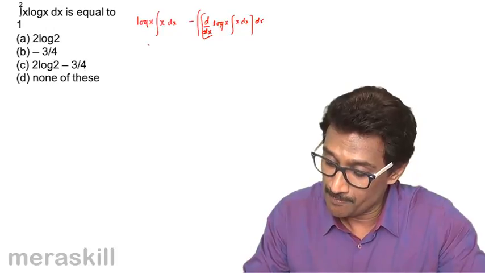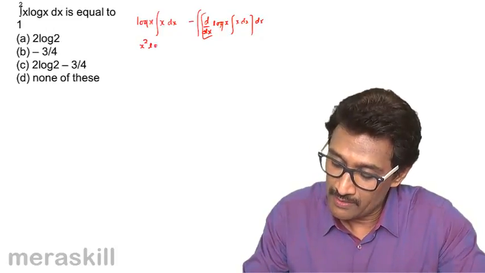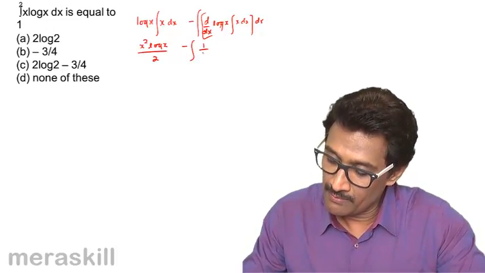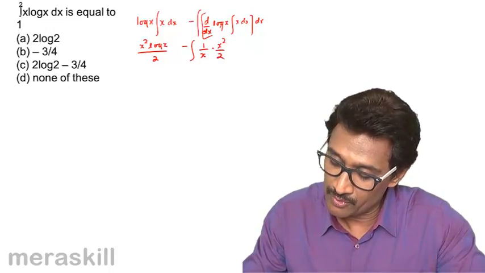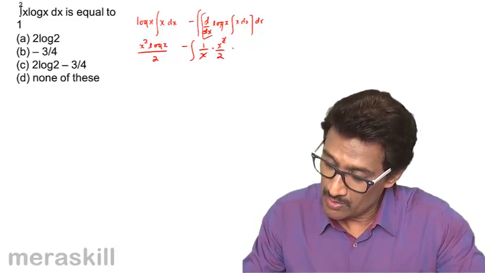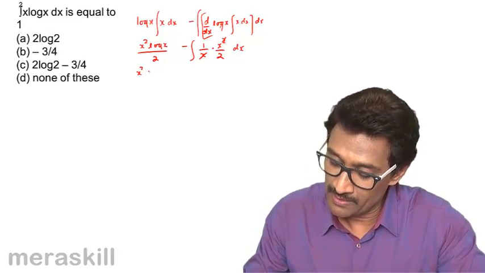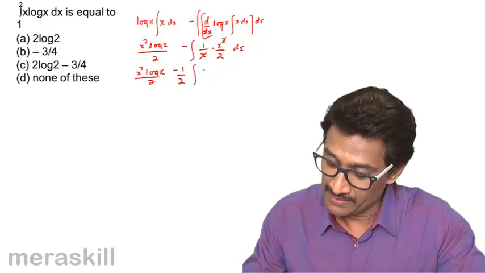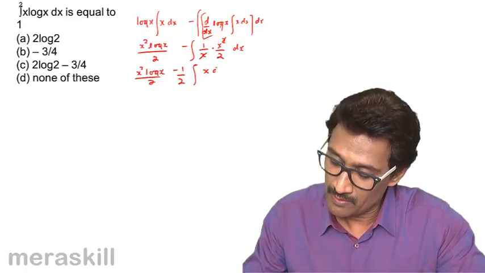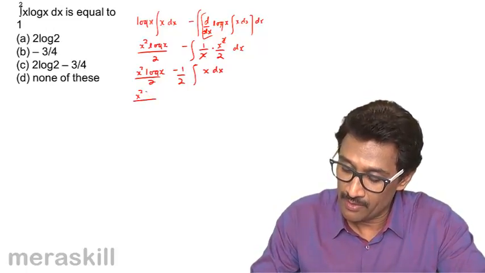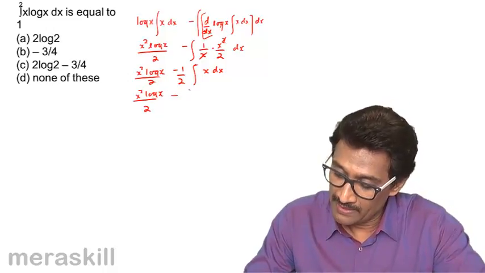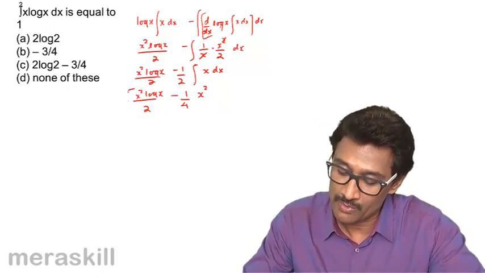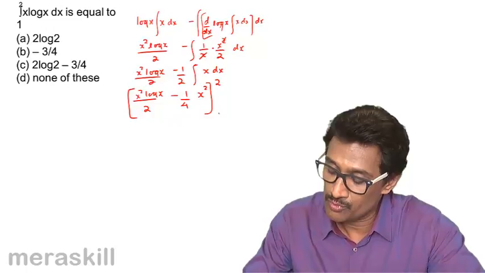So this is going to be x square log x by 2 minus 1 by x into x square by 2, and this dx is going to be x square log x by 2 minus half into x dx, which is going to be again x square log x by 2 minus 1 by 4 x square, because it's going to be x square by 2, so it's 1 by 4 x square, and the domain is from 2 to 1.